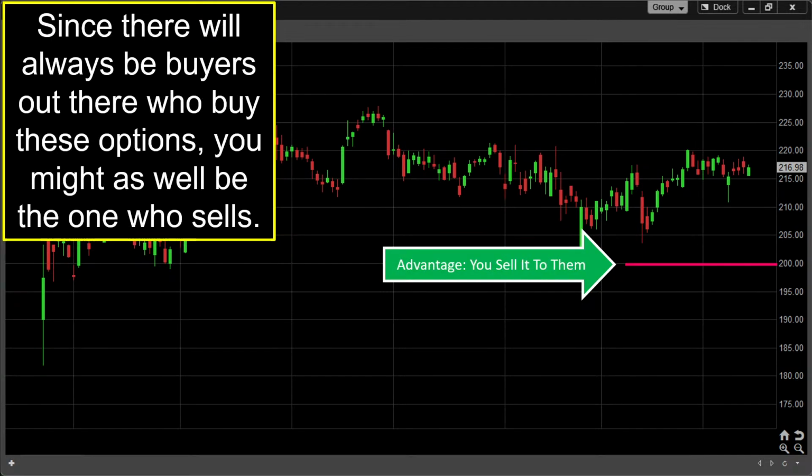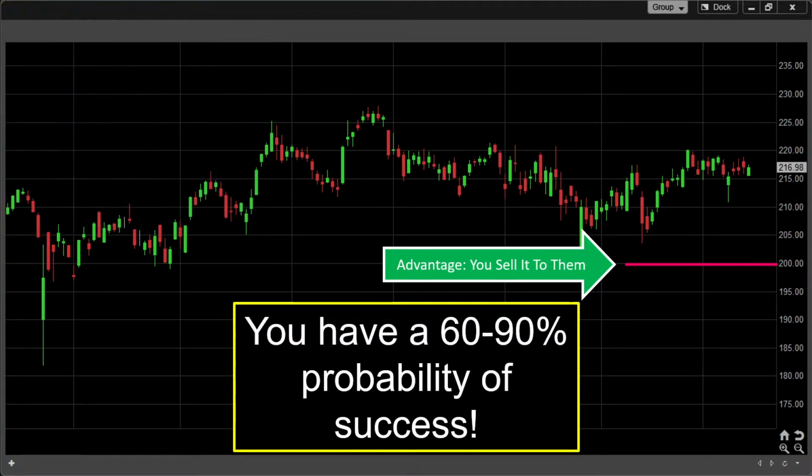It doesn't really matter why they're buying the puts. The fact is, there will always be buyers out there who buy these options. And since there's always buyers out there who are going to buy these options, you may as well be the one who sells it to them. Because selling these options gives you a 60 to 90% probability of success right from the very start of the trade.